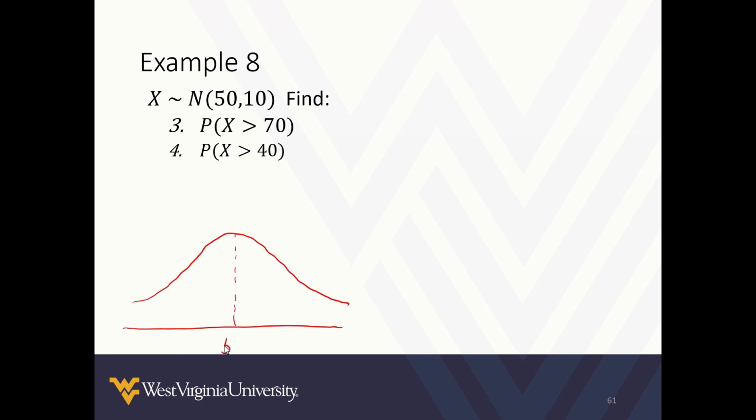I know that I have 50 in the center, 40, 30, 20, just for fun, 60, 70, and 80. All right, so in this case, we were asked to first find the probability that x is greater than 70.